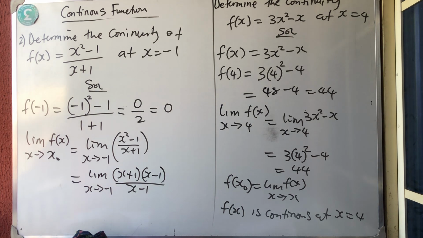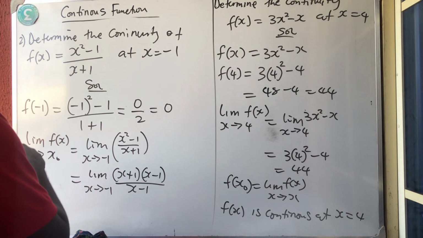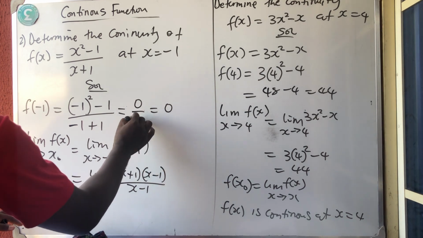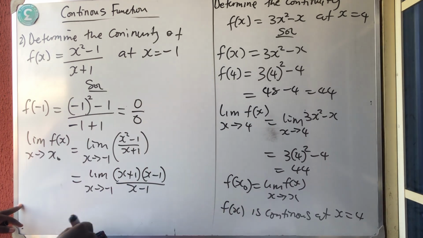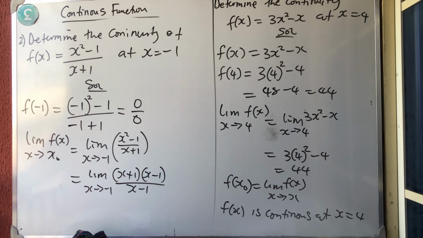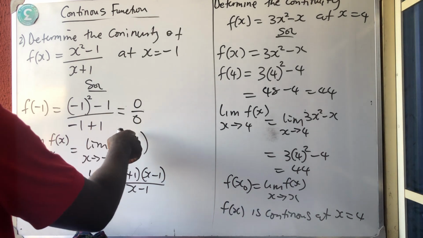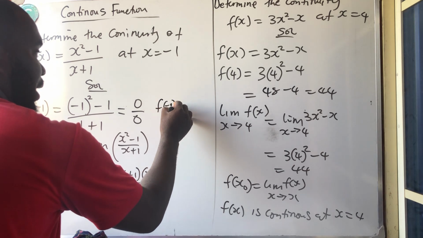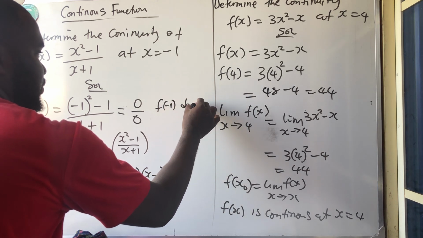Oh sorry, this is minus 1 plus 1, which is 0 over 0. So which means f of x does not exist in R. 0 over 0 is undefined. So therefore, f of minus 1 does not exist.